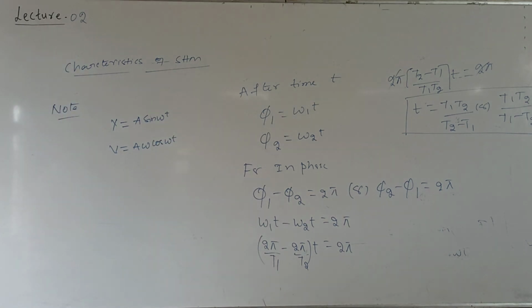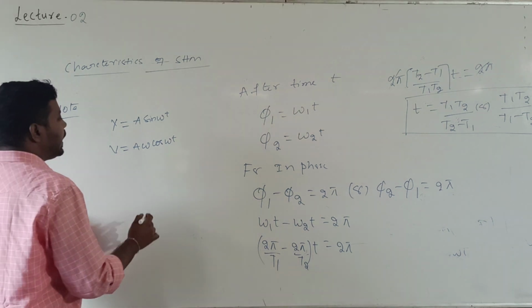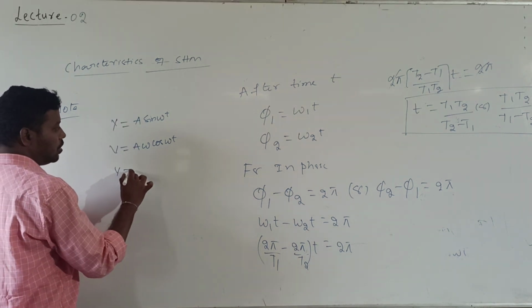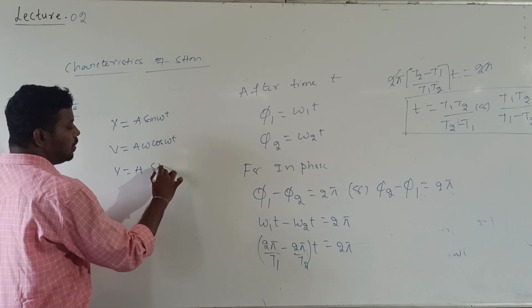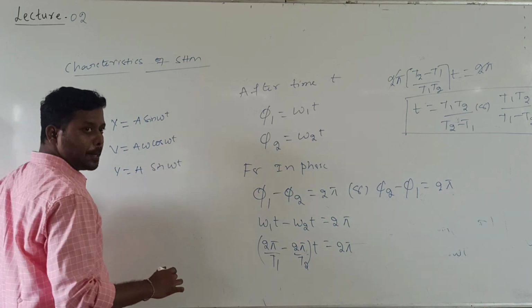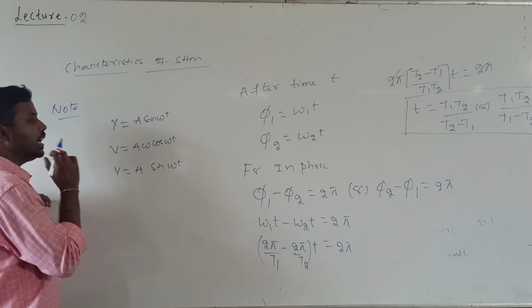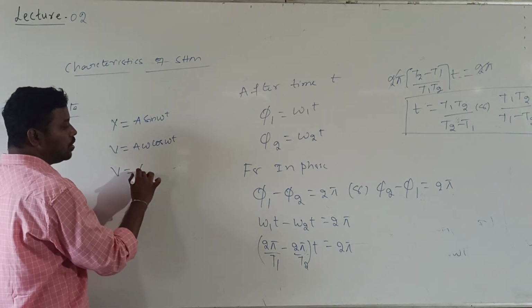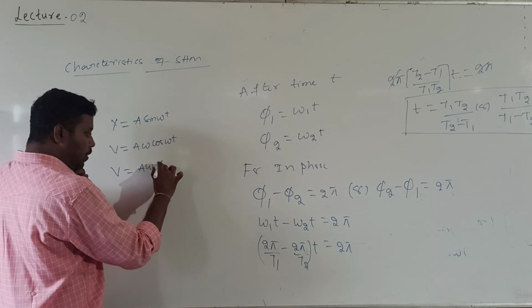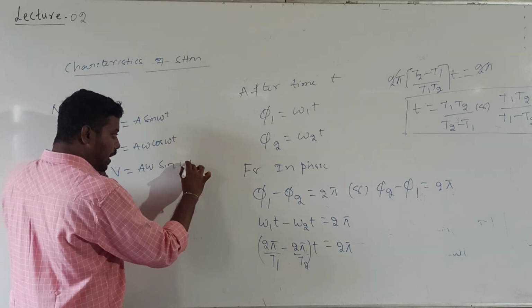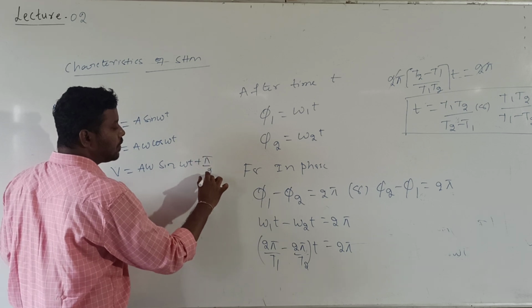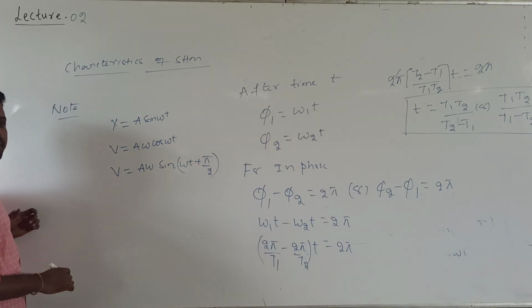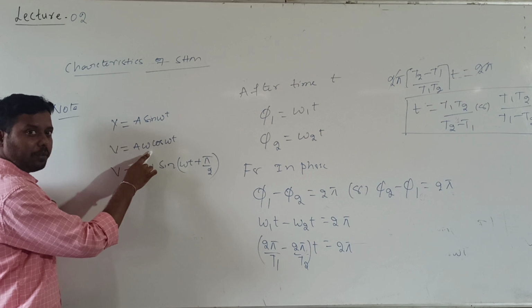I can write this as v is equal to a into omega into sin of (omega t plus pi by 2). What is sin (90 plus theta)? Cos theta. So I get the same.